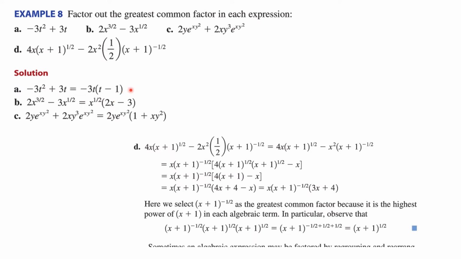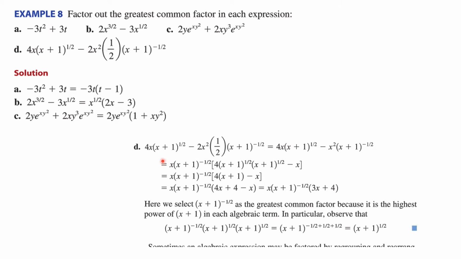So for A, you should have gotten minus 3t times t minus 1. For B, the greatest common factor is going to be x to the 1/2, and you get x to the 1/2 times the quantity 2x minus 3. And here the greatest common factor is going to be 2y e to the xy squared, times 1 plus xy squared.